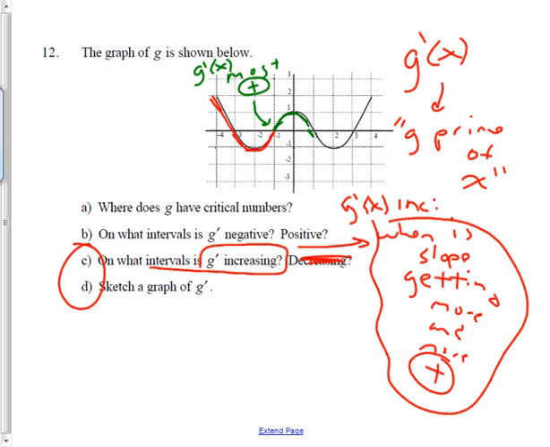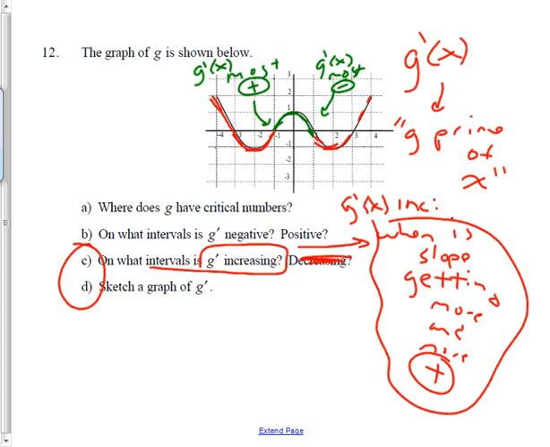So in this green section here, during that green section, my slope is decreasing. And at this point here, g prime of x is most negative. And then after that, we're very negative, less negative, 0, and now we get more and more positive.